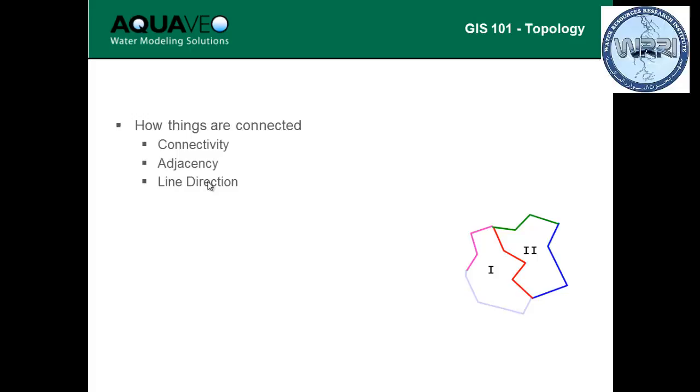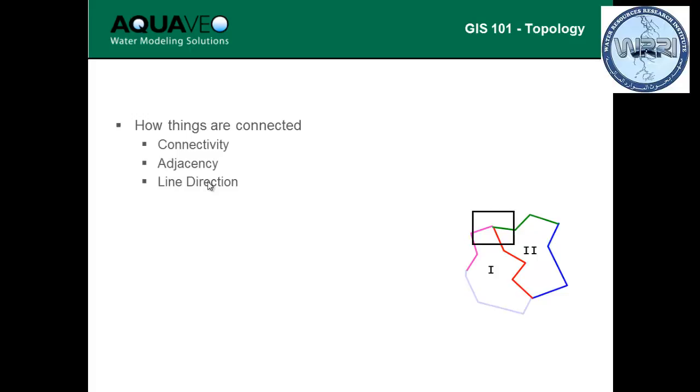How things are connected is really important in GIS, and especially in WMS. For WMS to create a hydrologic model, it has to know the directions of flow, the direction the water is flowing. It also has to know how the basins are connected to each other. So connectivity is important.